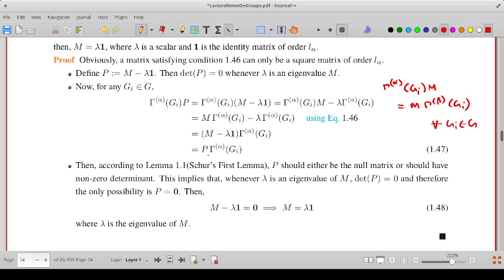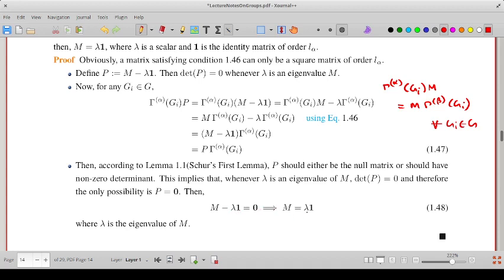That means for a lambda which is an eigenvalue of M, P has 0 determinant, and in which case, since P satisfies this condition for all Gi, P should be a null matrix. In other words, P is identically equal to 0. But P is M minus lambda times identity, so that is 0.